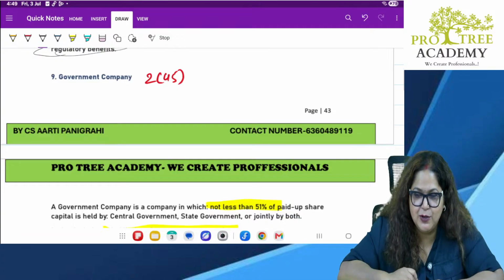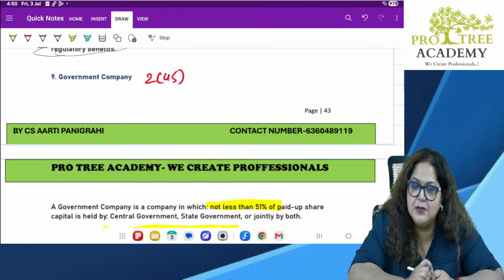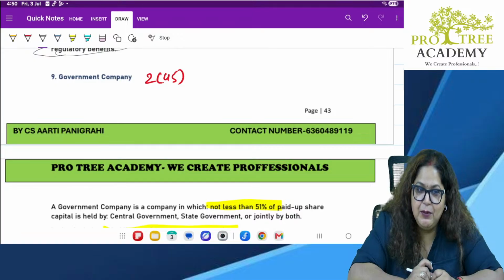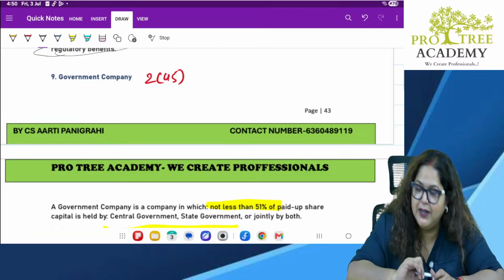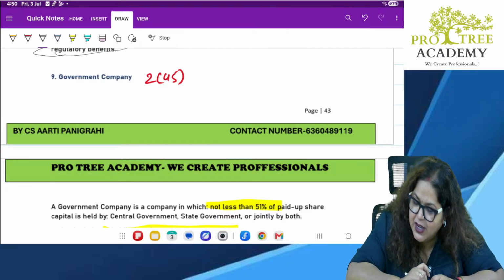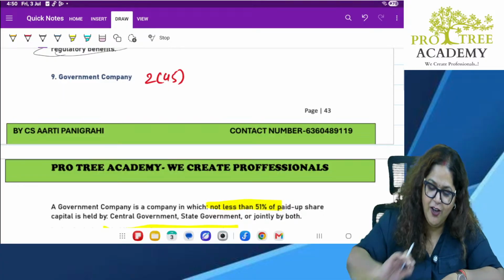Public company, section 2, subsection 71. So private company, section 2, subsection 68. Public company, 2, subsection 71. Then small company, section 2, subsection 85. And the government company, section 2, subsection 45. Is it difficult, Harshita? Not at all.